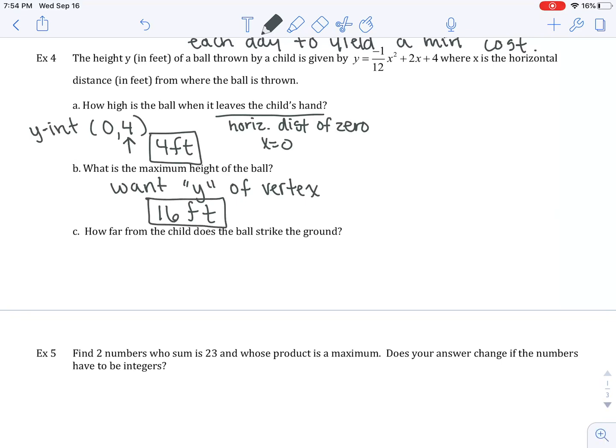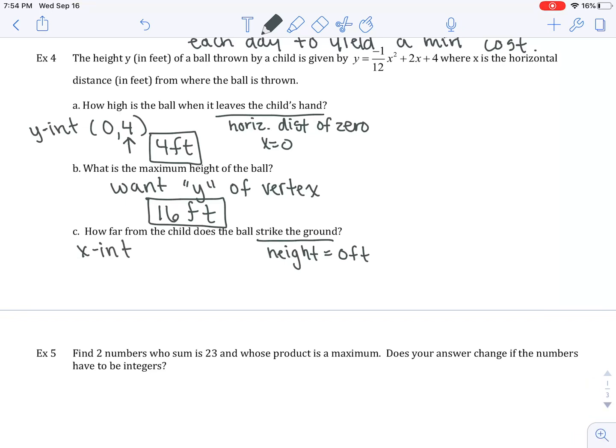Okay? And see, how far from the child does the ball strike the ground? So what am I asking you here? If it's striking the ground, its height has to be 0 again. So I want to know at this point, what is the x-intercept, right? When does it hit back down?